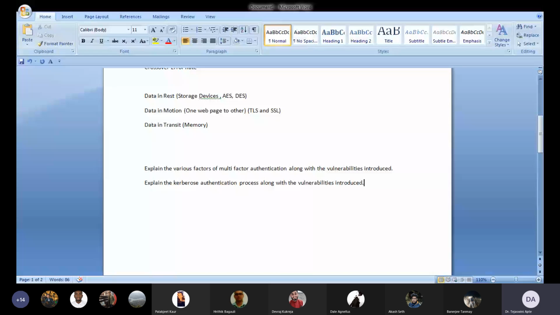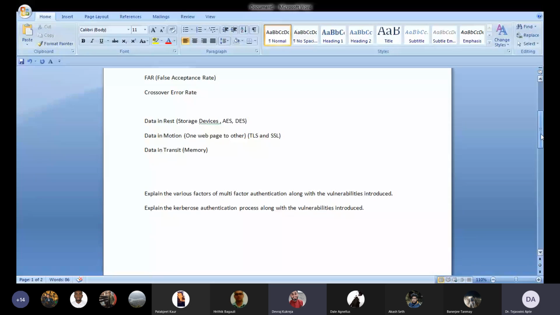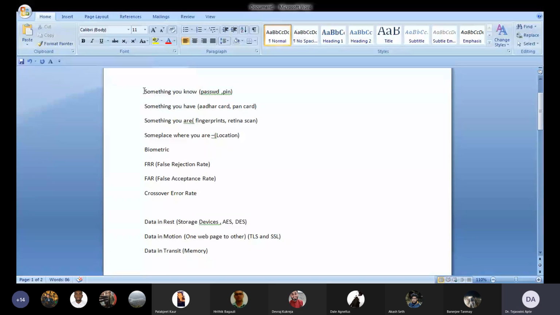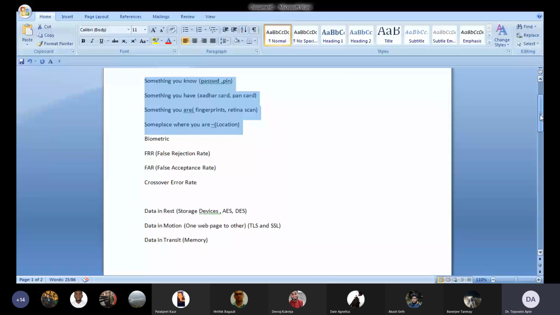Yes, please. Yeah, ma'am, we have written along with the vulnerabilities introduced. So exactly. When you are going to write the different kinds of factors, based on your understanding, as we have discussed, you need to take care about what kind of vulnerability it can introduce to your application.